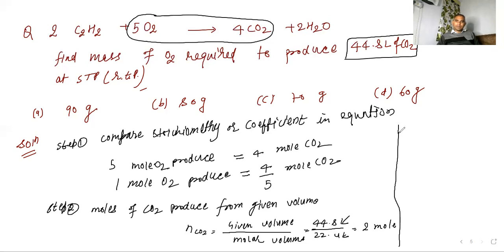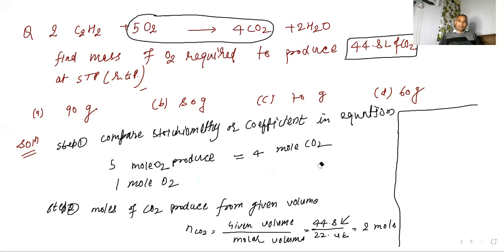It's easy now. So you are having 2 mole CO2. Somewhat we did the opposite one, because they are asking to find the O2 required. So O2 required means we need to write the other way.